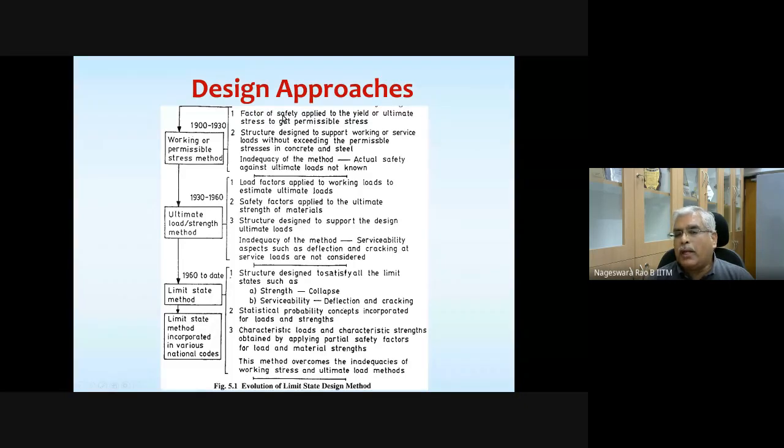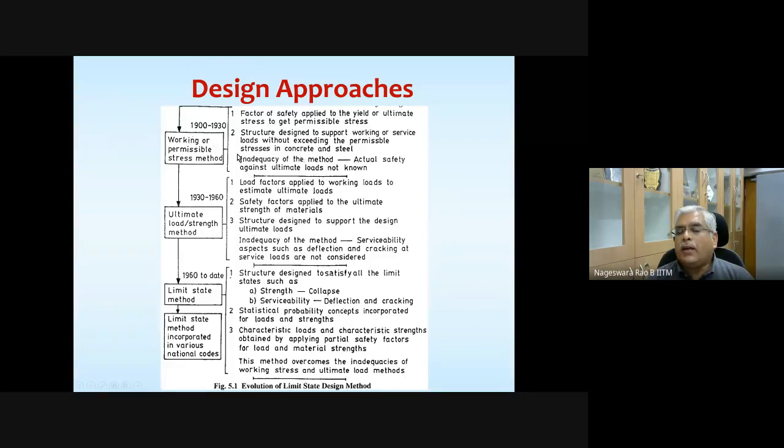I design the structure such that the stress generated in the structural member does not exceed those permissible values in steel and concrete. So this is the design philosophy of the working stress method.